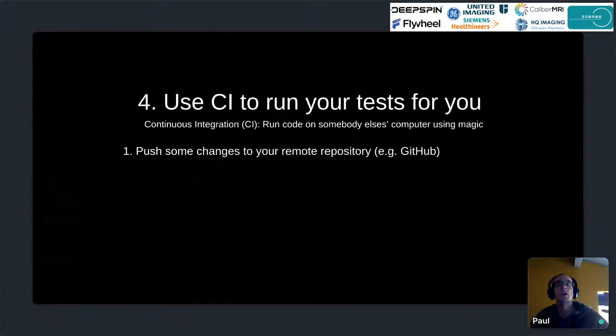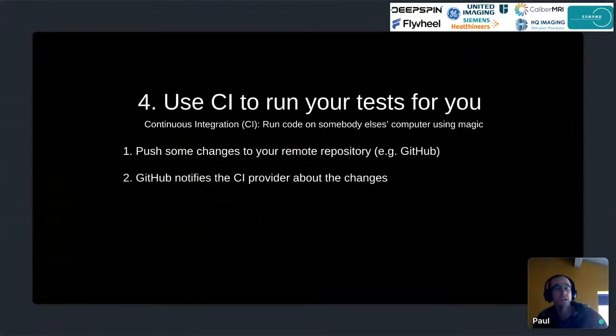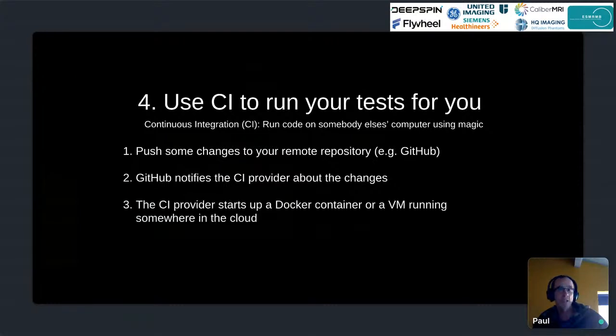You make some changes to your code and you commit them and push them to, for example, GitHub. GitHub will get in touch with the CI provider and will notify it that your code has changed. The CI provider is going to start up a Docker container or a virtual machine running somewhere in the cloud.